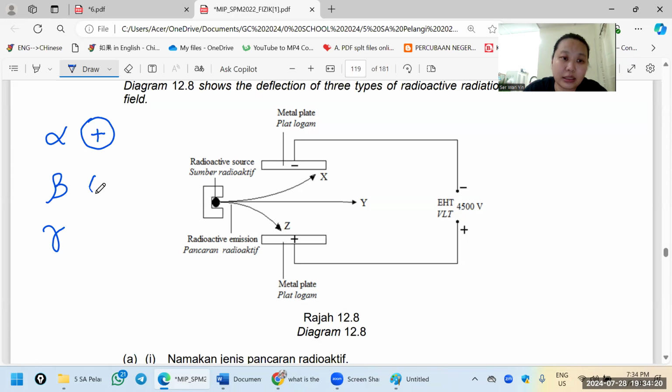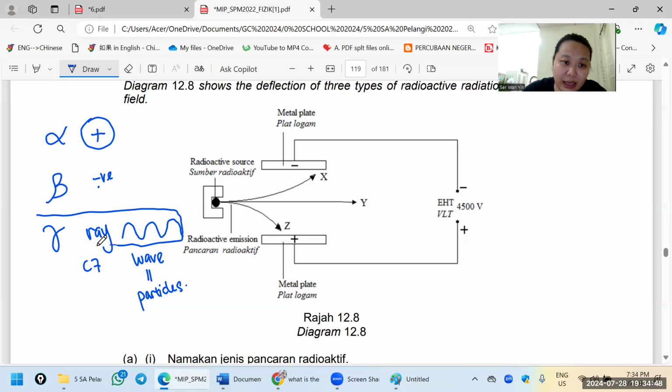Negative beta actually is an electron, so it's much smaller like this. It's negative. Gamma is a ray, means it's a wave. Since we have learned Chapter 7, actually a wave could have particle duality too. But now we just treat gamma as a wave.